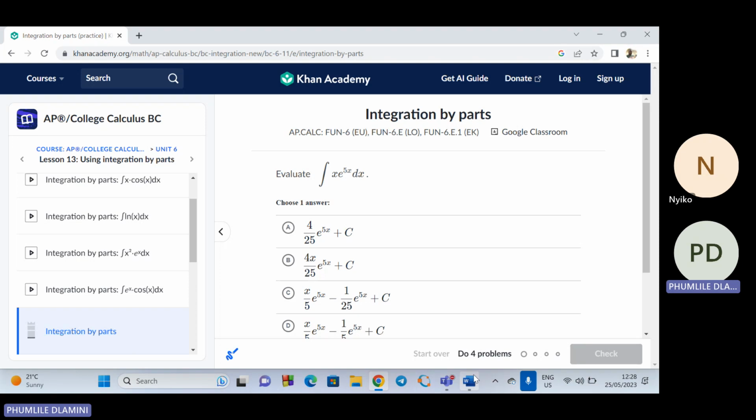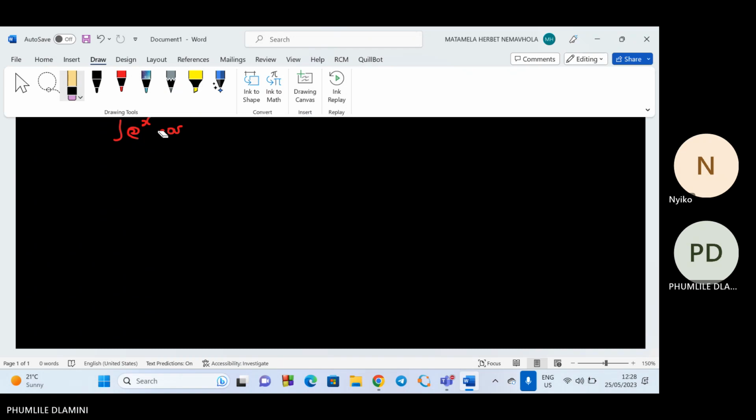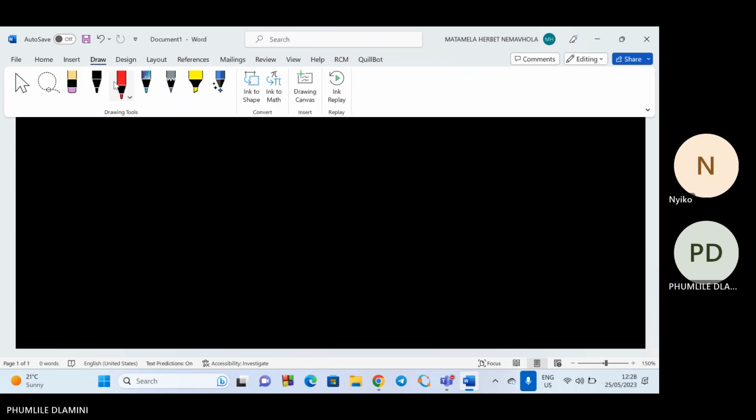So let's try this one also: the integral of e to the power x cos of x dx.